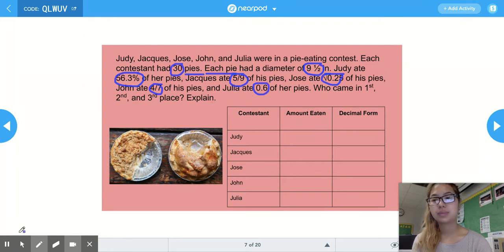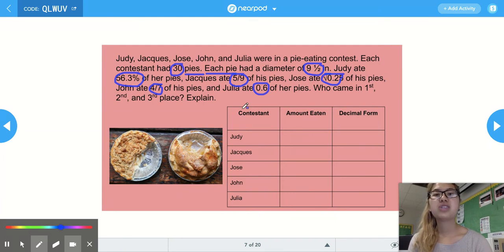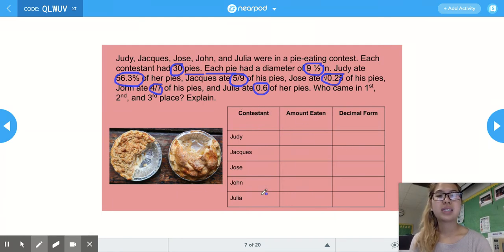Explain. So the first thing we're going to do is make a table. We have the contestants in one column, then we have the amount eaten in the second column, and finally in the last column we have the decimal form of the real numbers, of the percentage or how much of the pies they've eaten. So for Judy, she ate 56.3%.